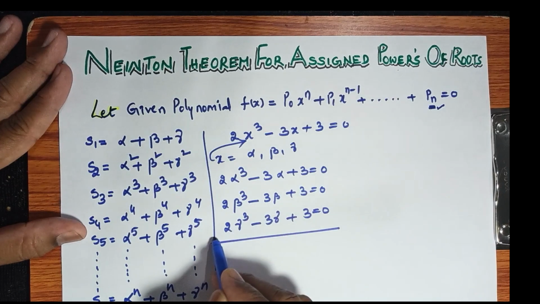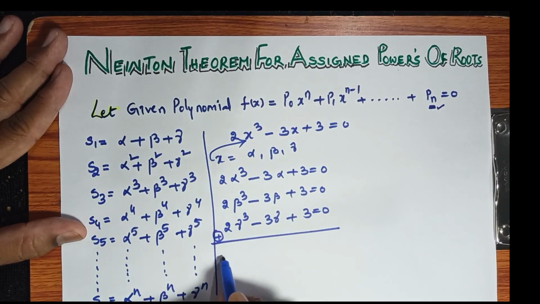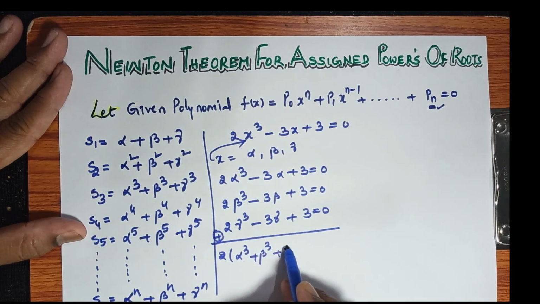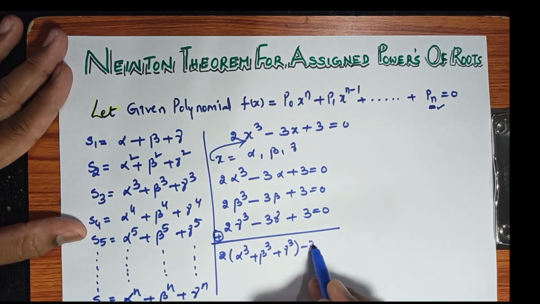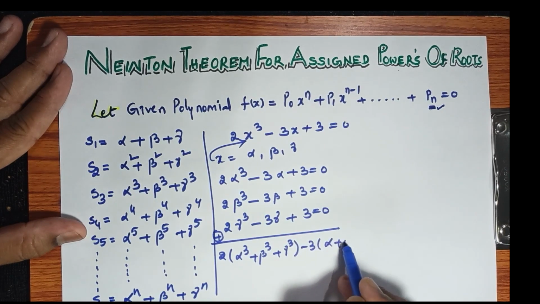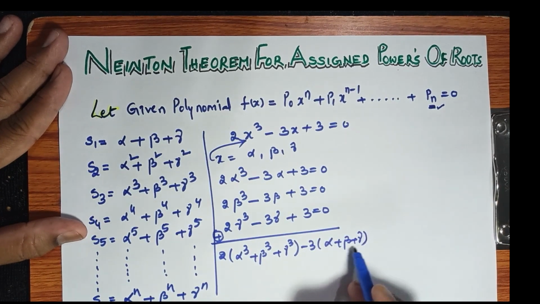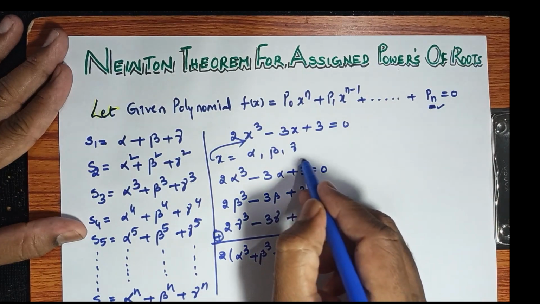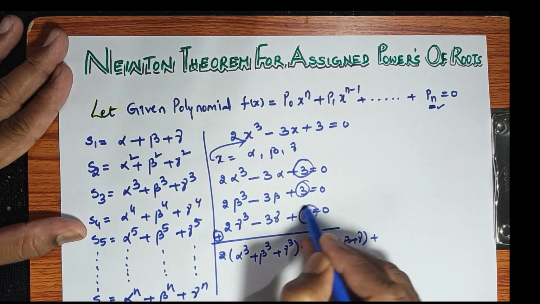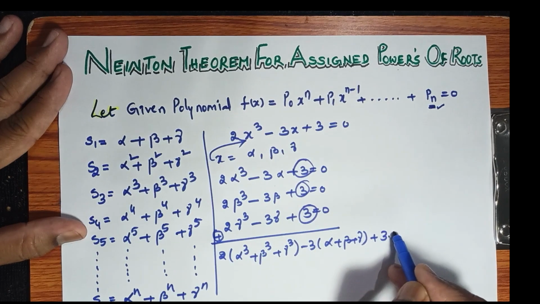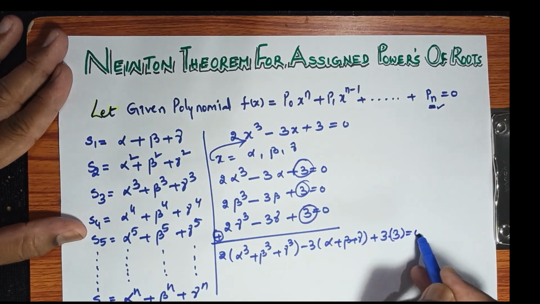If you add these equations, we get 2 times the sum of alpha cube plus beta cube plus gamma cube, minus 3 times alpha plus beta plus gamma. And this 3 is added 3 times, meaning 3 times 3, is equal to 0.